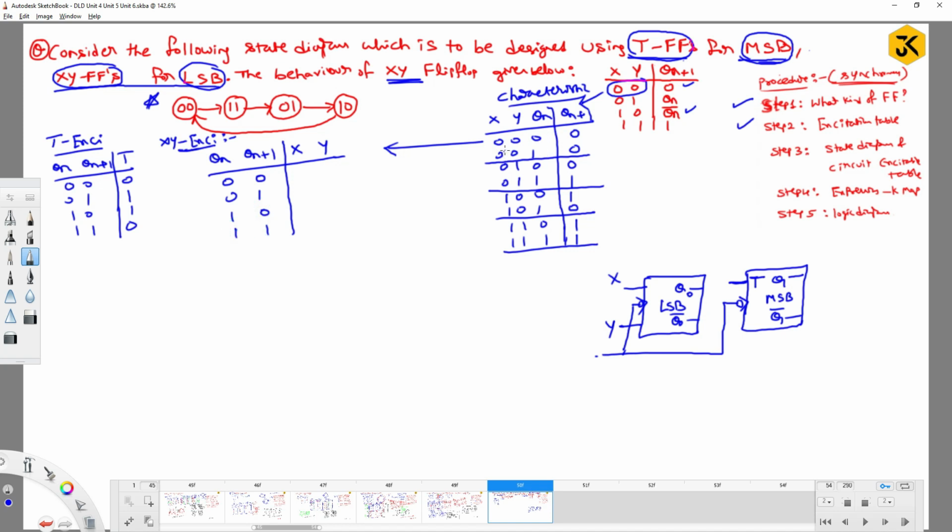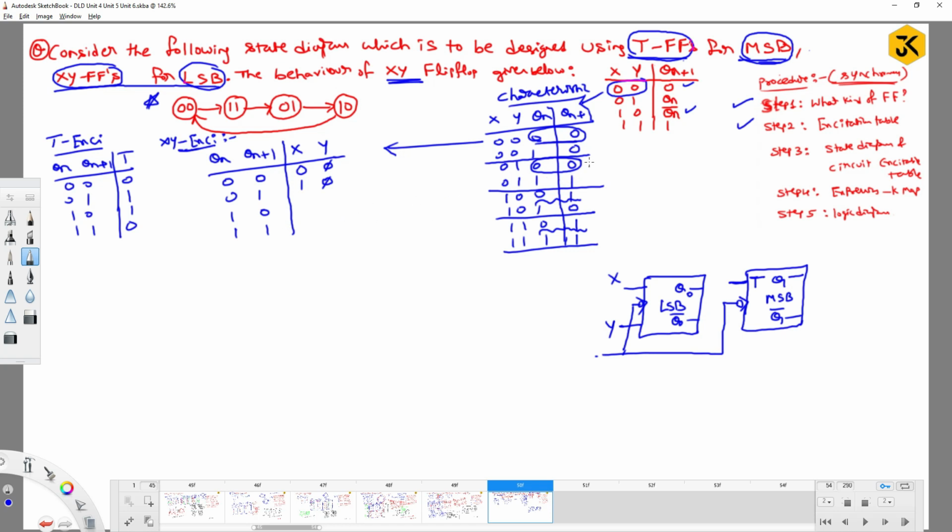If it is 0 0, the values are 0 and pi. You can get the idea. If it is 0 1, you have to have 1 and pi.